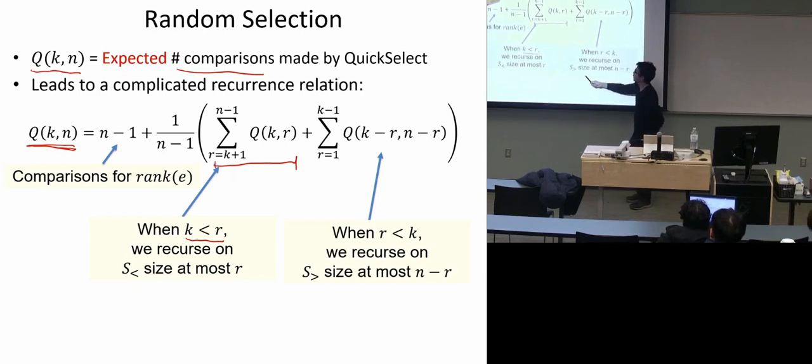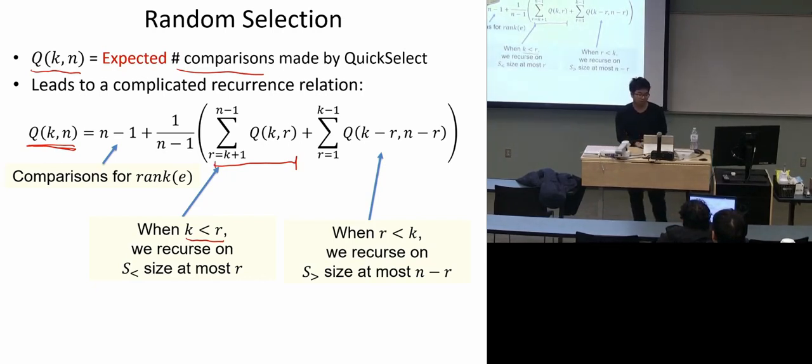In this case, we're going to recurse on the other side, which is s more than. The size of that list is n minus r at most, and the rank that we're going to recurse on is k minus r as well.